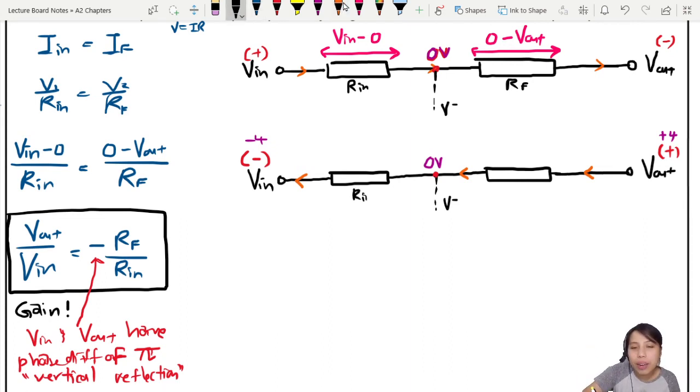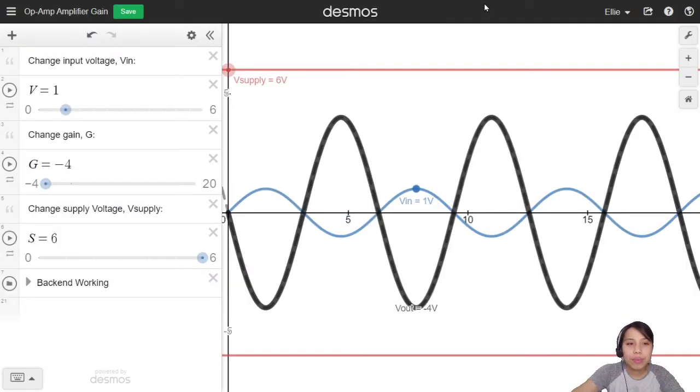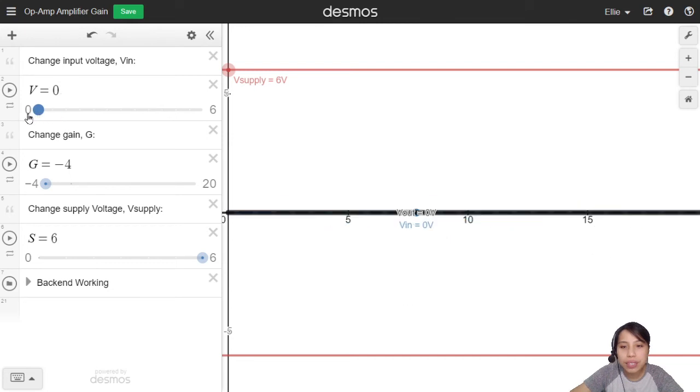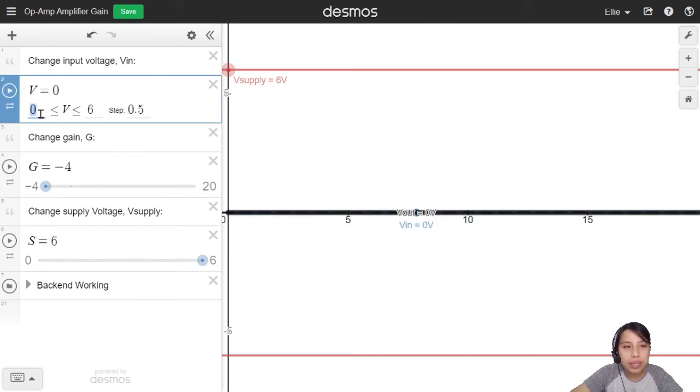So let's label this Rin, RF. Just know that the current will flow the other way, depending on which one is positive and which one is negative. So we can change the scenario. Now instead of sending a positive 1 volt here, we invert it. We send in a negative signal.